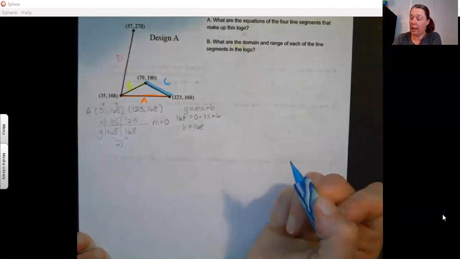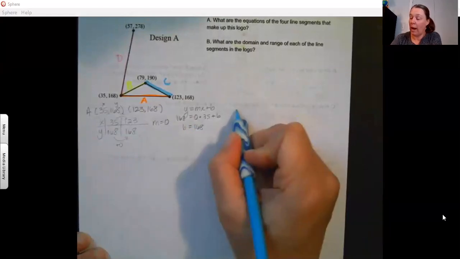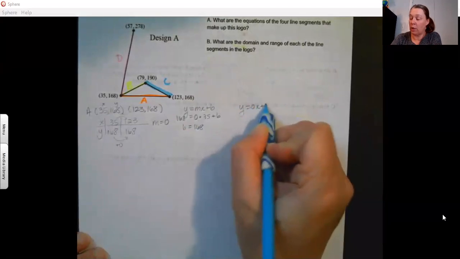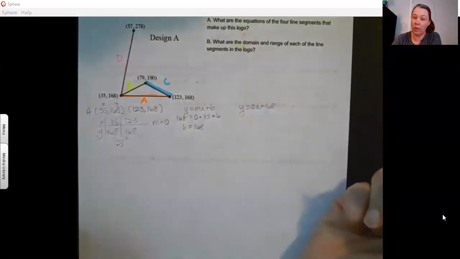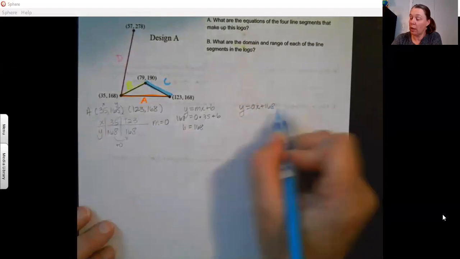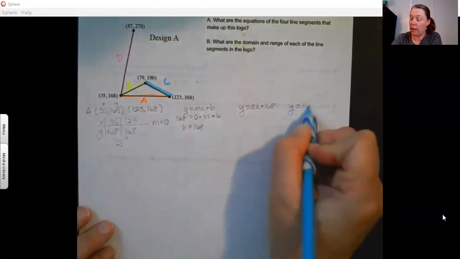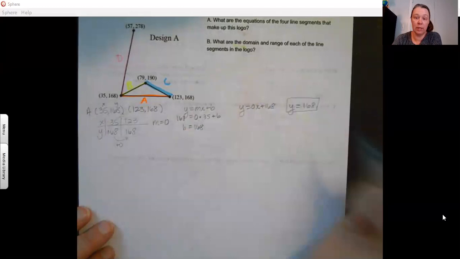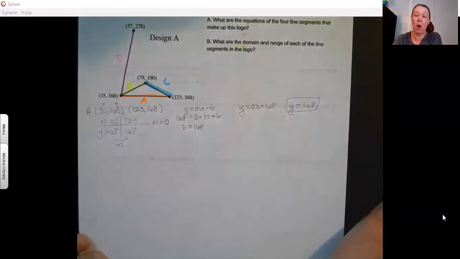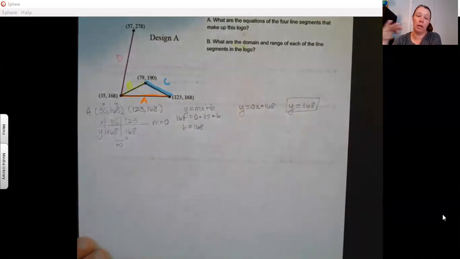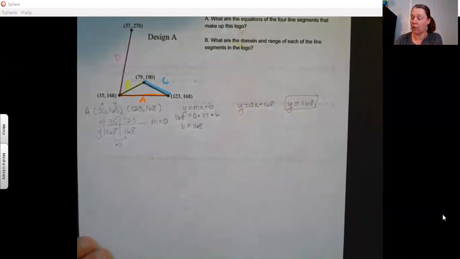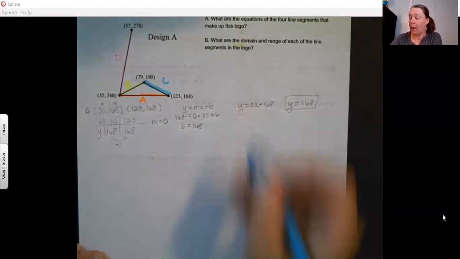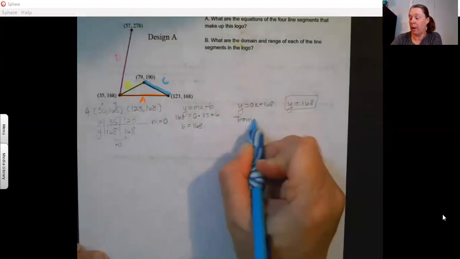So the equation for my line is y equals 0x plus 168. Well, 0 times anything is 0, so really my equation for my line is just y equals 168. That will always happen for horizontal lines, that they're going to be y equals whatever number it hits the y-axis at. That's the y-intercept.